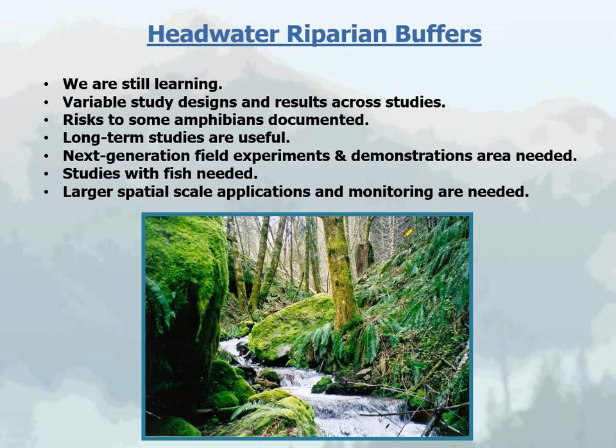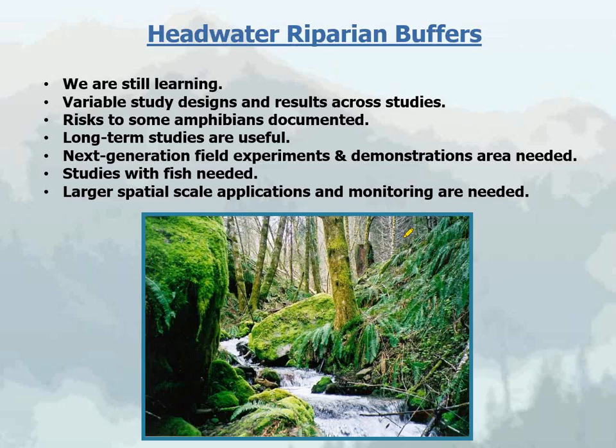So we're still learning, and our results are a little bit variable across studies because of the design being different. But risks to some amphibians in particular are being documented, and these long-term studies are useful where we haven't seen effects initially. We are seeing some effects over time, and so that's an important consideration.